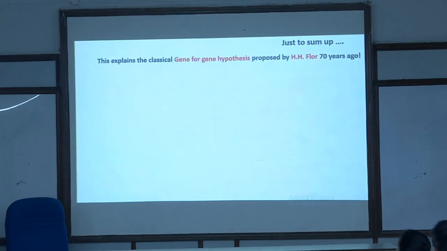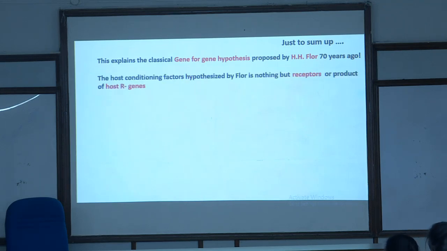It was all done by a passionate worker, H.H. Flor, right? A series of 4 or 5 papers, all single author papers, and he came out with this theory. Now we realize whatever he hypothesized in 1945, everything is true literally. There are no mistakes in whatever he proposed. Let's see what that is. At the time, there was no concept of gene in those days.